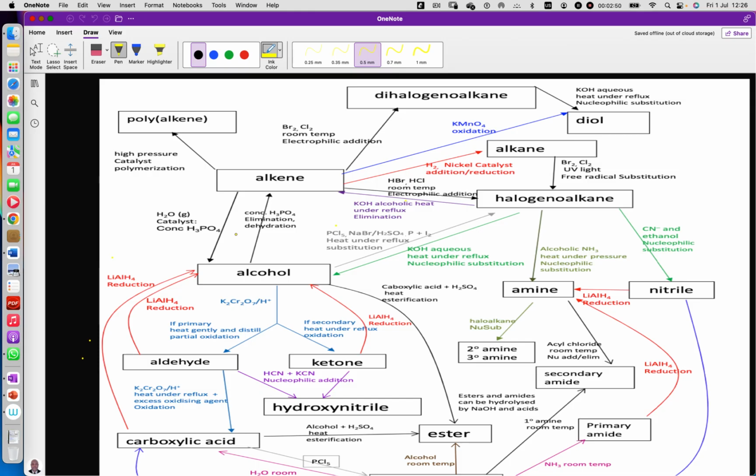One example of reacting with halogens is with bromine.